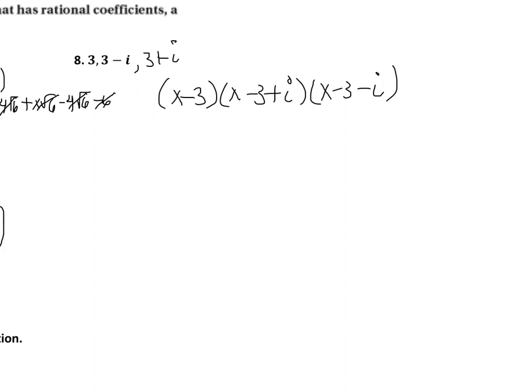So go ahead and multiply all those out, and if you do that, you should get x to the 3rd minus 9x squared plus 28x minus 30.